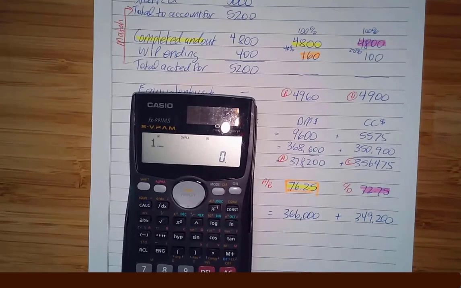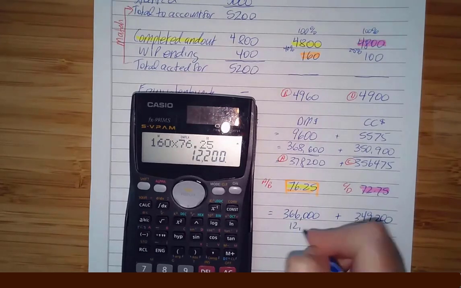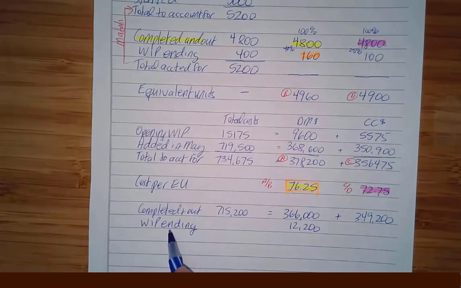So that's 160 units multiplied by 76.25. That is equal to 12,200. These unfinished units right here in ending work in progress are valued for direct materials at $12,200.